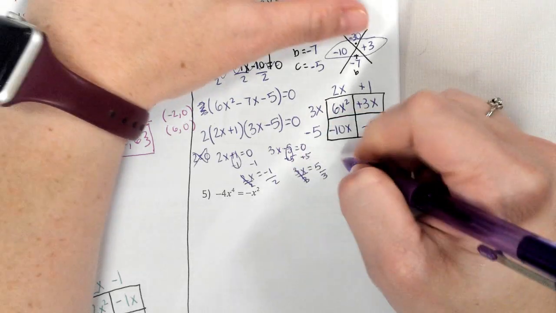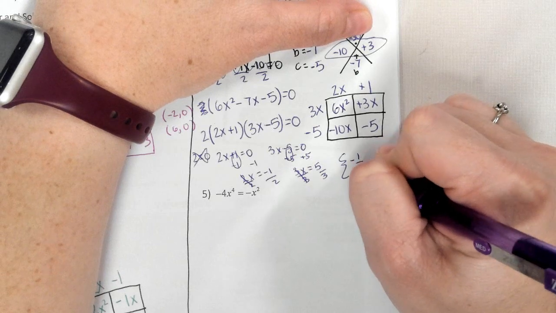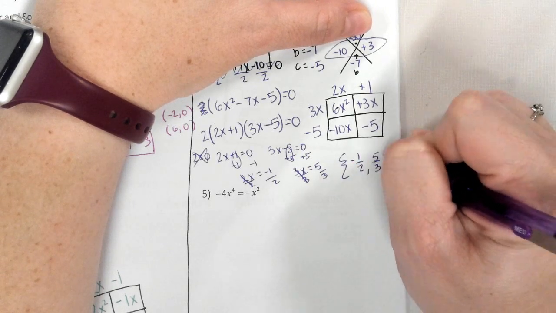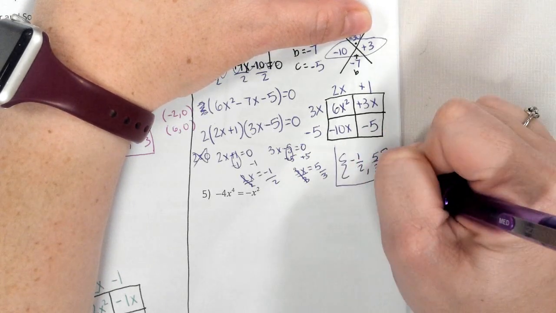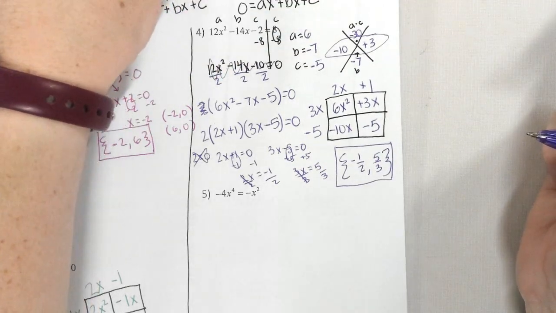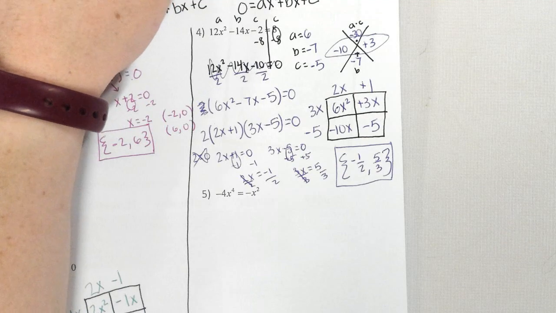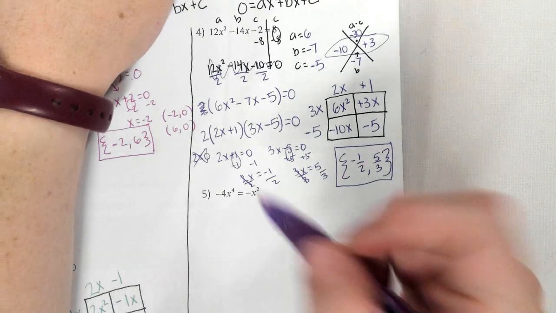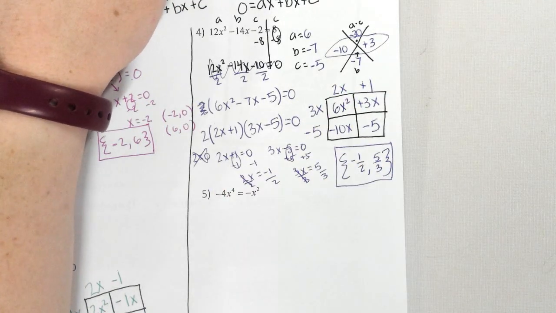Divide by 3. And there's my answer. No, because if you set 2 equal to 0, that didn't give me anything.